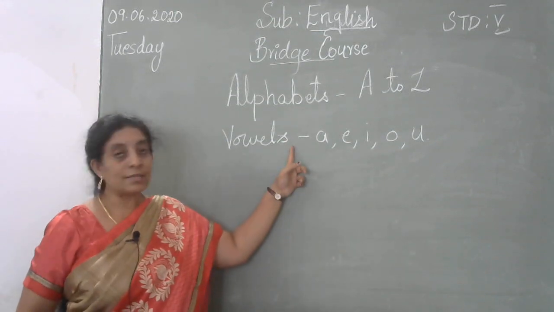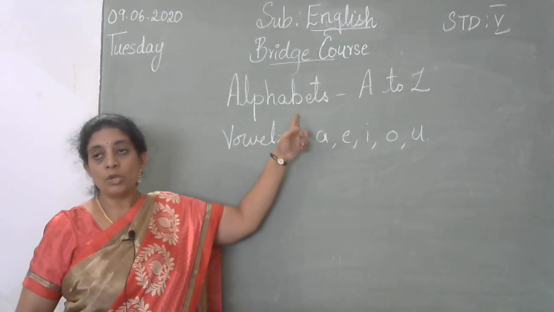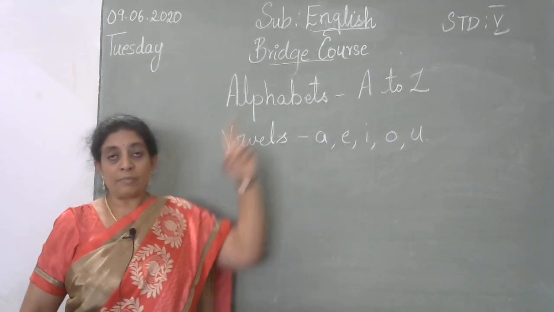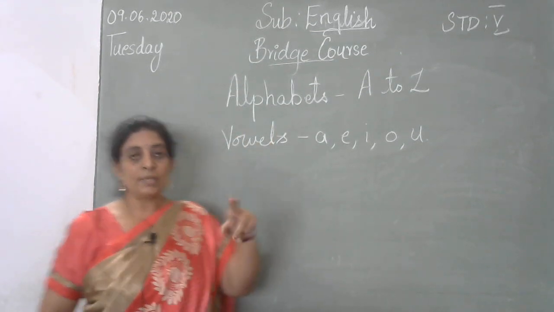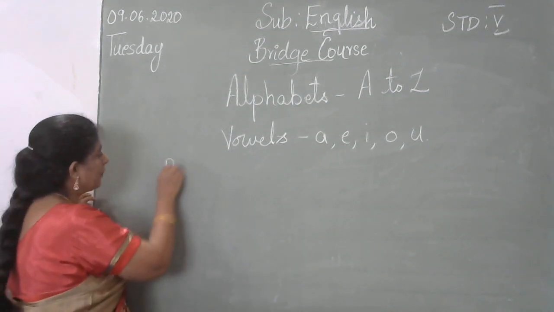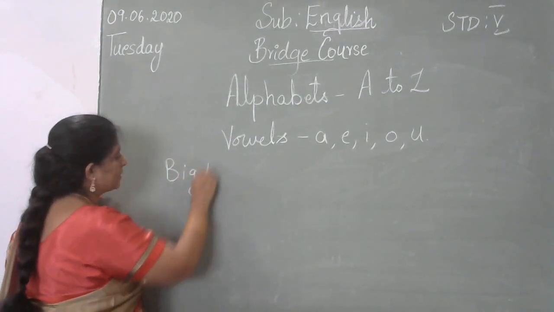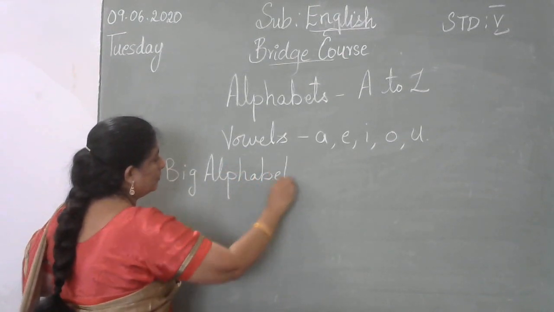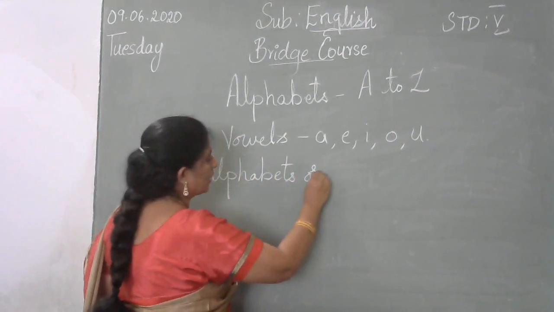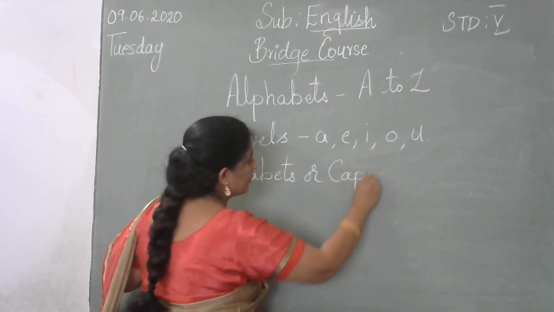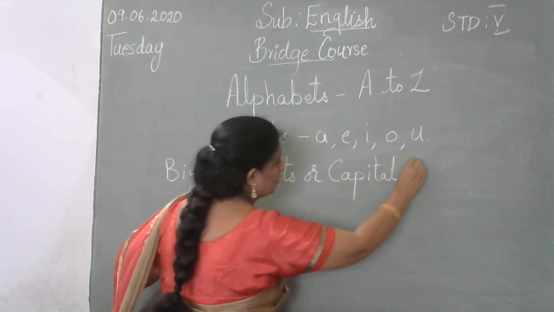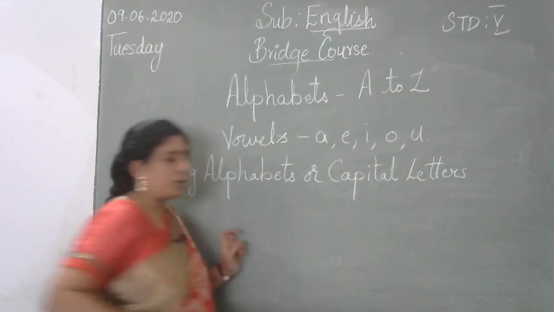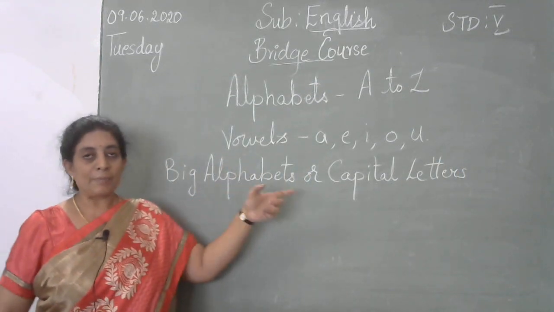Now this is the basic thing you have to know in English, and these alphabets can be written in two ways. We call them the big alphabets, or capital letters.